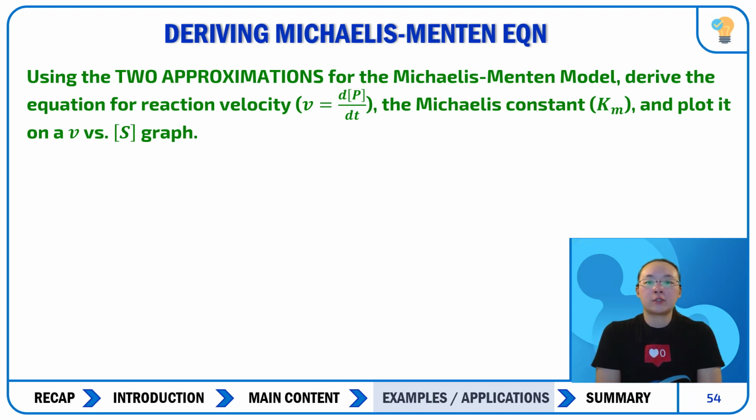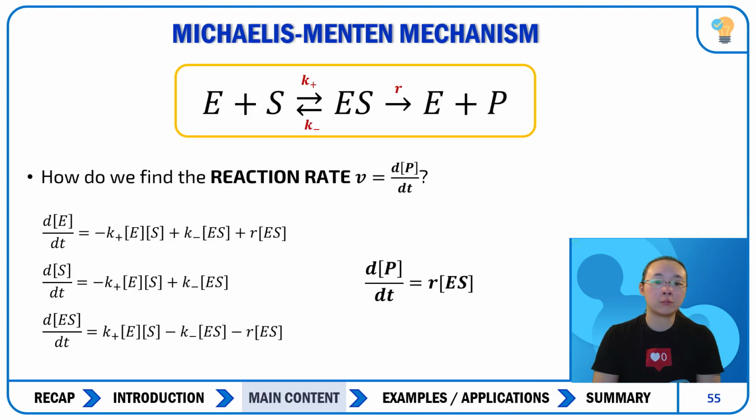So we want to now derive the equation for the Michaelis-Menten model. We have to use the two approximations we've just covered and derive an equation for reaction velocity V equals dP over dt using the Michaelis constant Km, and then we want to plot it on a V versus S graph. So we want to quickly move over to a slide that I've shown before.